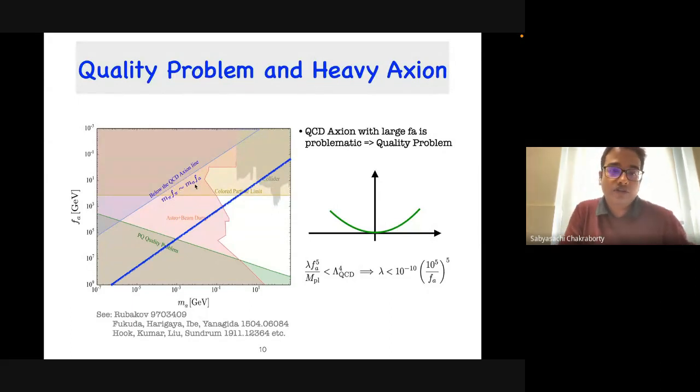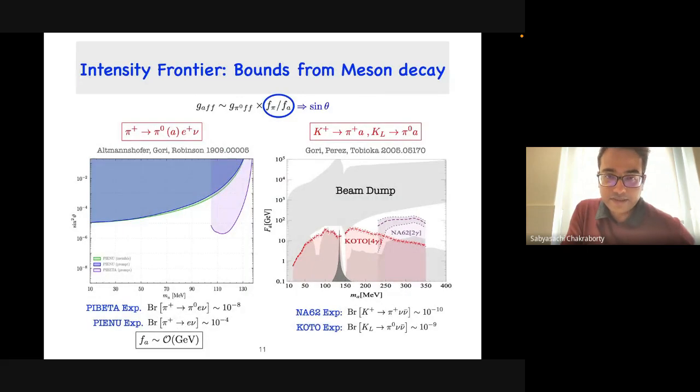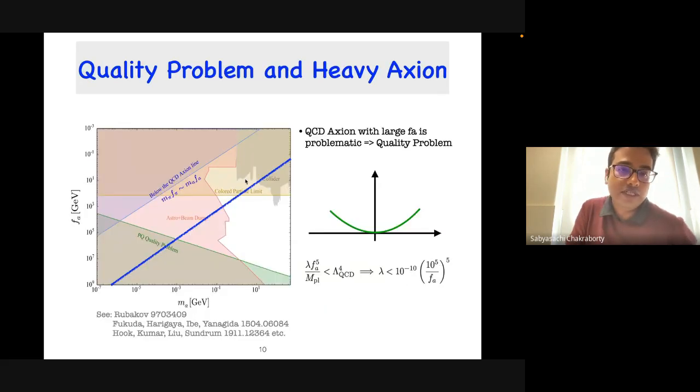In this talk, I will not talk about those papers, and there are quite a few. What I will mainly focus on is, let's say you have an axion which talks to G G-dual, which solves the strong CP problem. Fa is around a TeV scale, therefore it also ameliorates the quality problem. And how would we look for it? So this is the basics of the work. But just before going into the details of our work, I'll briefly talk about how such constraints come about.